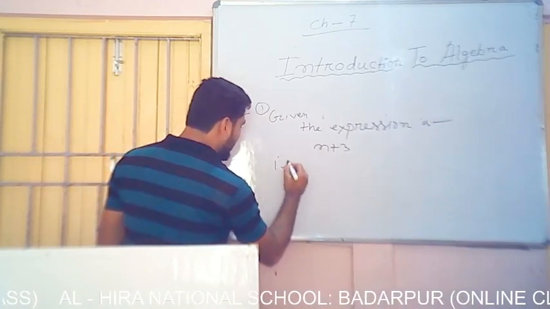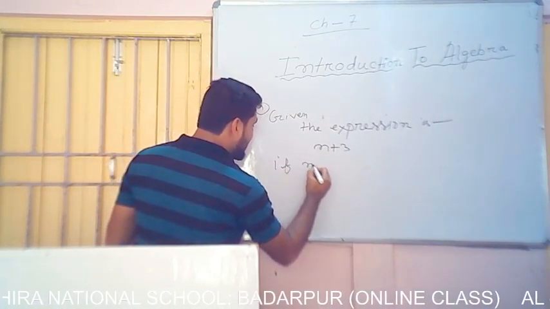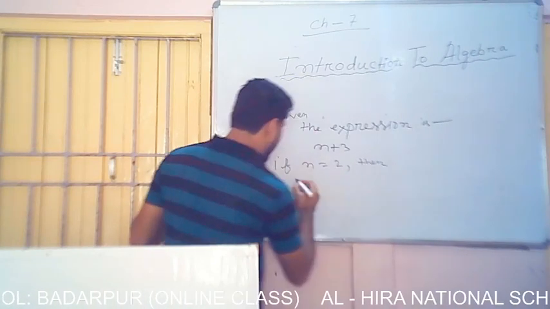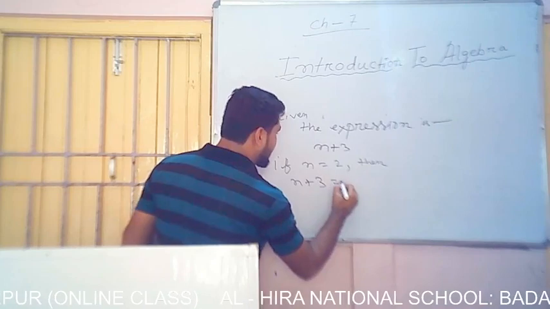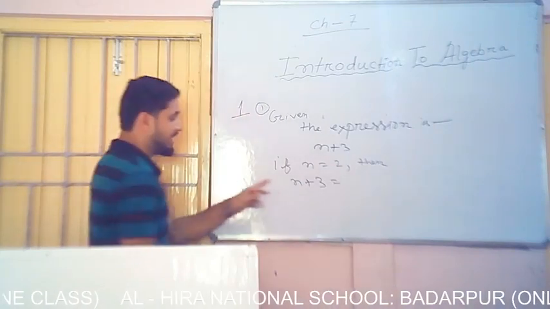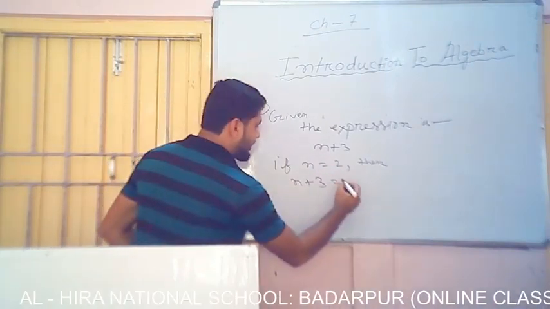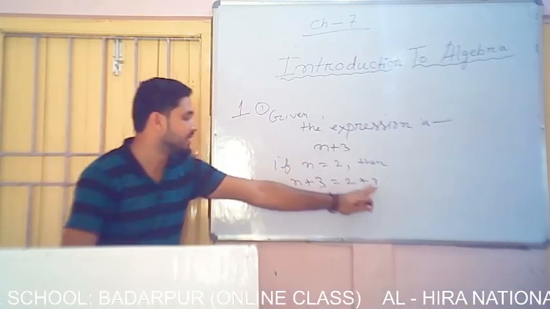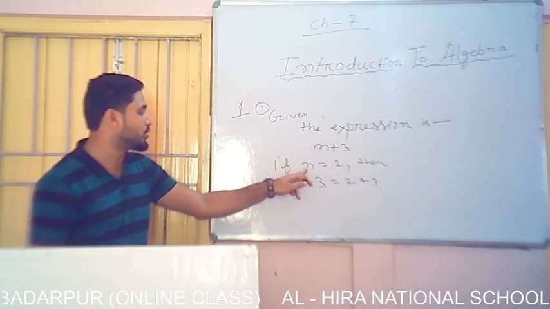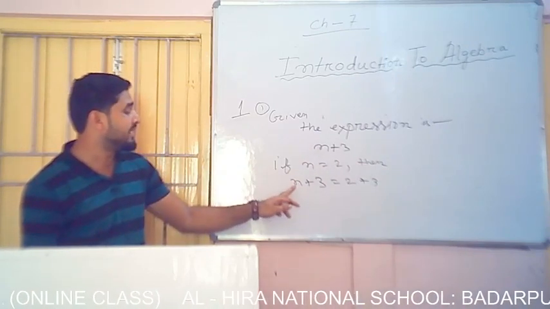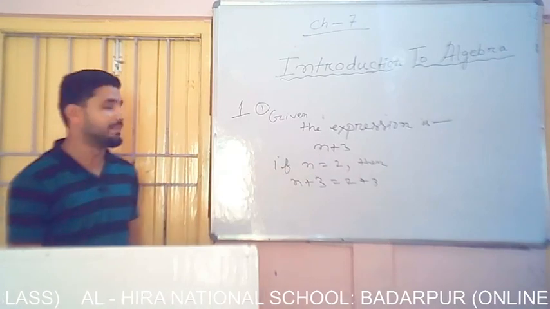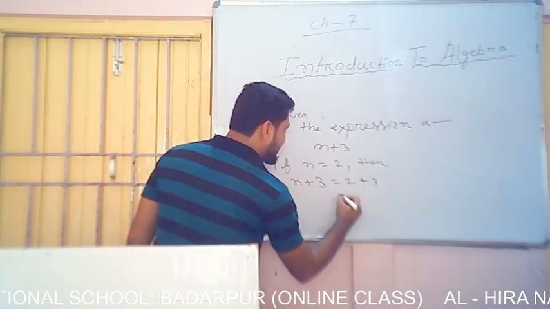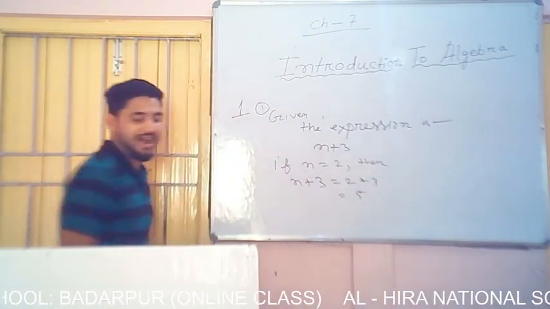So write, if n equals 2, then n plus 3 equals, in place of n we should write 2 plus 3. Plus 3 is given in the expression, so we write plus 3, and in place of n we replace 2 because the value of n is given as 2. Now the answer is 2 plus 3 equals 5.